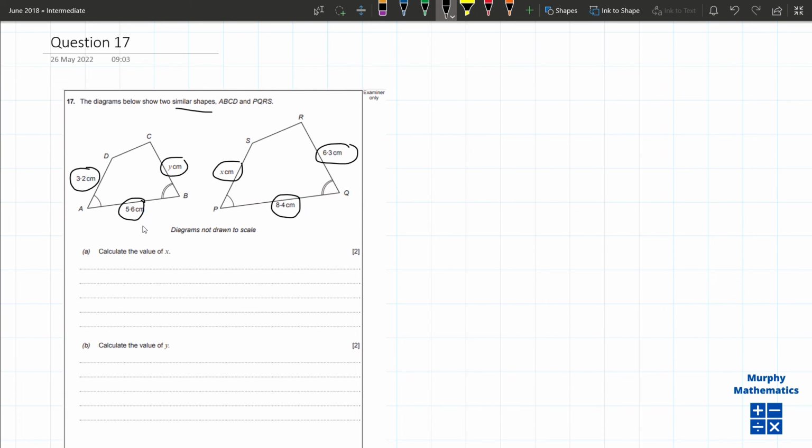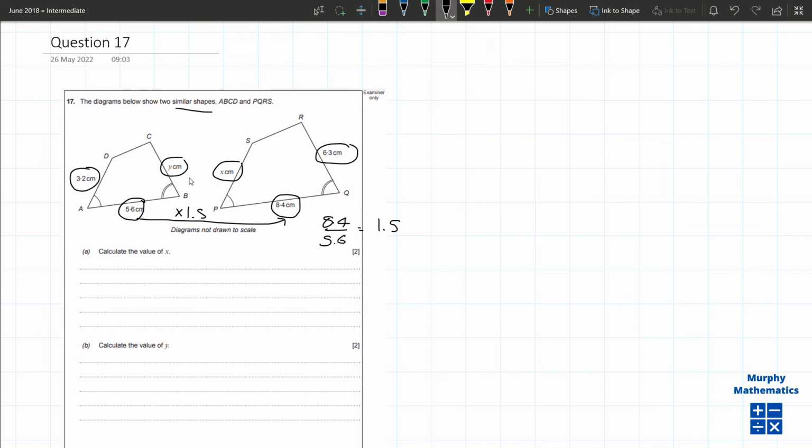So we need to find what factor it has increased by. So how is that increased? What we do is 8.4 divided by 5.6 to see what it's been times by to make it that big. So 8.4 divided by 5.6, and that's going to give us 1.5. So this 8.4 is 1.5 times 5.6.